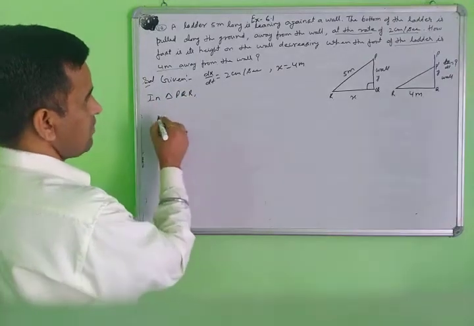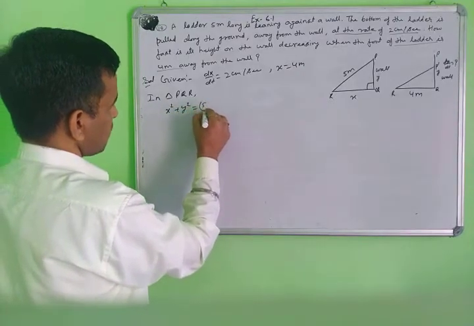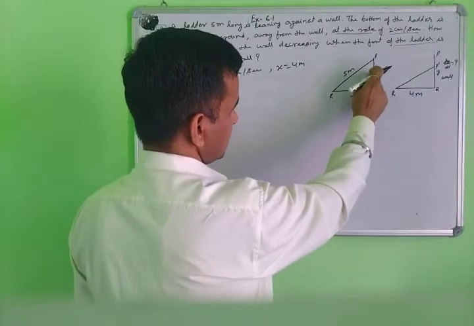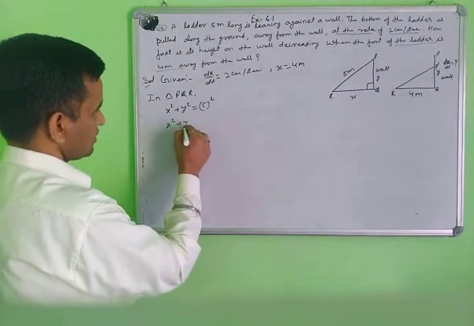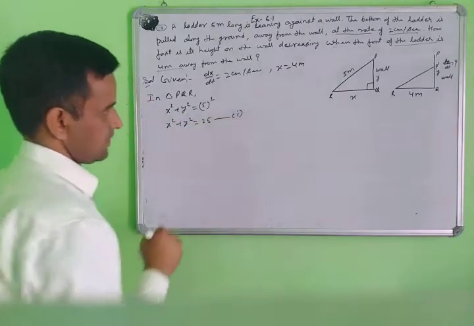Using Pythagoras theorem, x square plus y square equals 5 square, that is, base square plus height square equals hypotenuse square. X square plus y square equals 25. This is equation first.